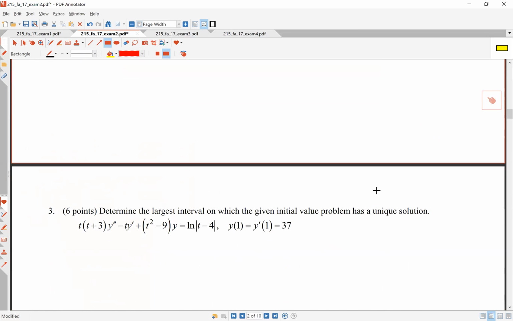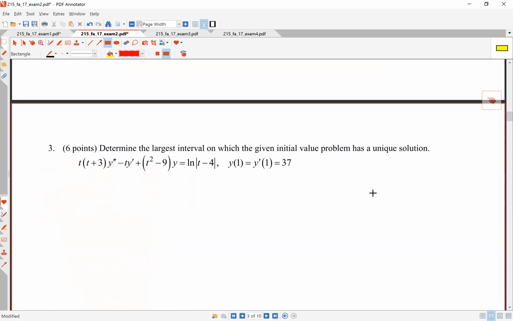Okay, so here was our other existence uniqueness theorem with the second order linear differential equations. It was just like the first one where it's the largest interval, so a one-dimensional number line. So we always would solve for y double prime by itself, minus the t's divide out there.